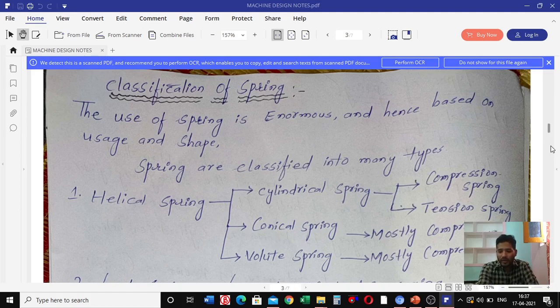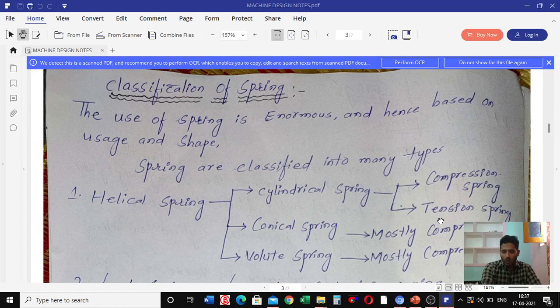So this type of spring is manufactured based on two conditions. The first one is compression spring, second one is tension spring. This compression spring we can say as open coil spring. This tension spring is also called closed coil spring.